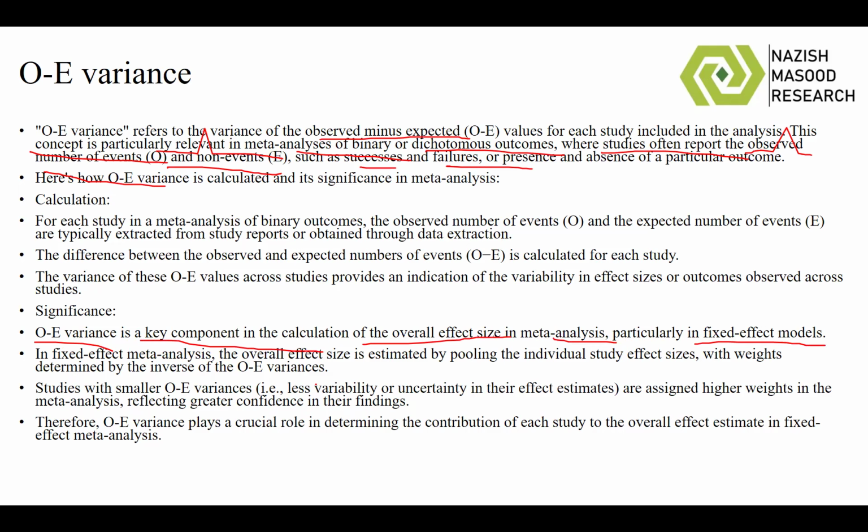In fixed effect meta-analysis, the overall effect size is estimated by pooling the individual study effect sizes with weights determined by the inverse of the observed minus expected variance. So it's not an inverse of just the variance, it is the inverse of the observed variance minus the expected variance that we do for the fixed effect model.